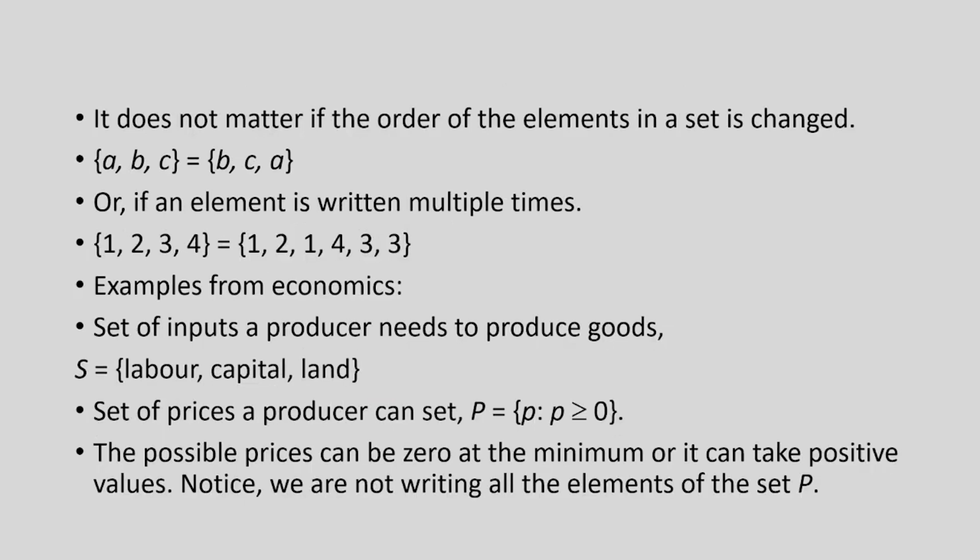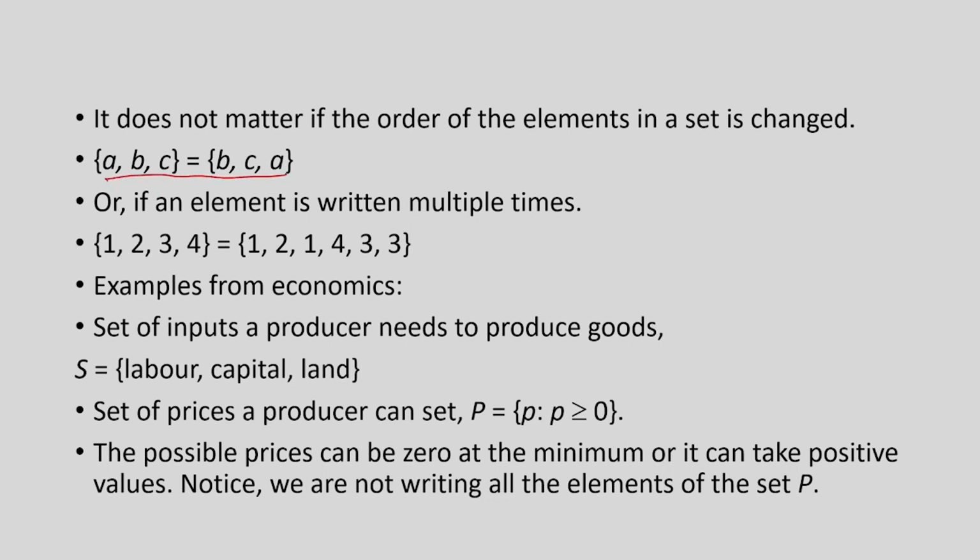In this case, they become equal when we write the equal sign. It does not matter if the order of the elements in a set is changed. Remember, in a set I am writing all these elements separated by commas, but it does not really matter in which order I am writing the elements. Here is an example.